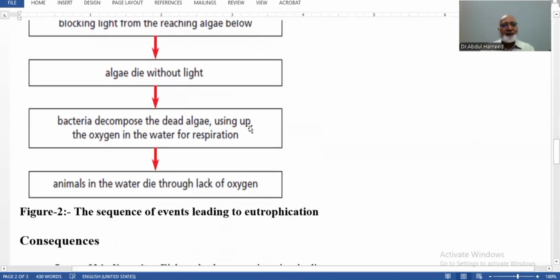Then the animals in that water die due to the lack of oxygen, and that lack of oxygen was the consequence of aerobic bacterial presence, which are responsible for the decomposition of dead algae.